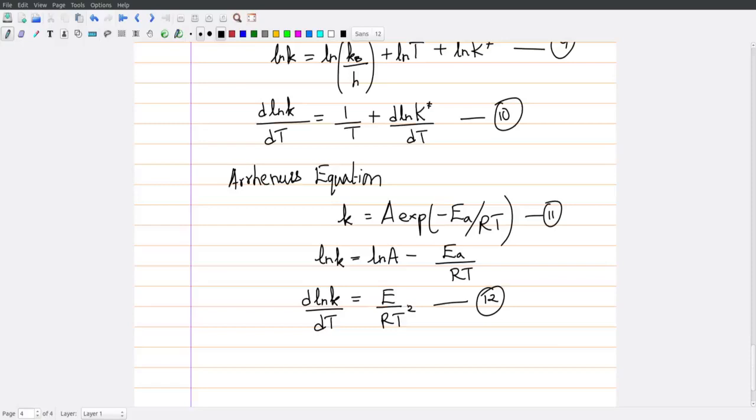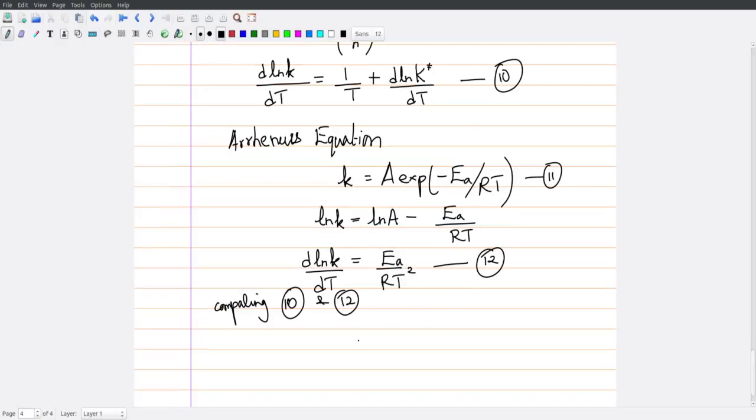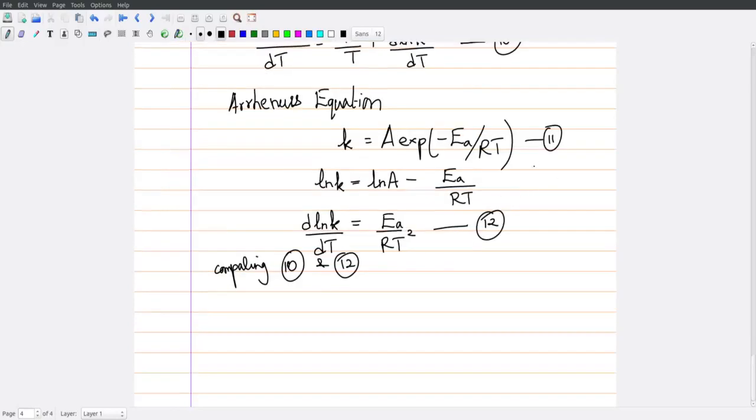Now if you compare 10 and 12, since the left hand side of both these equations are the same, this EA stands for the energy of activation.